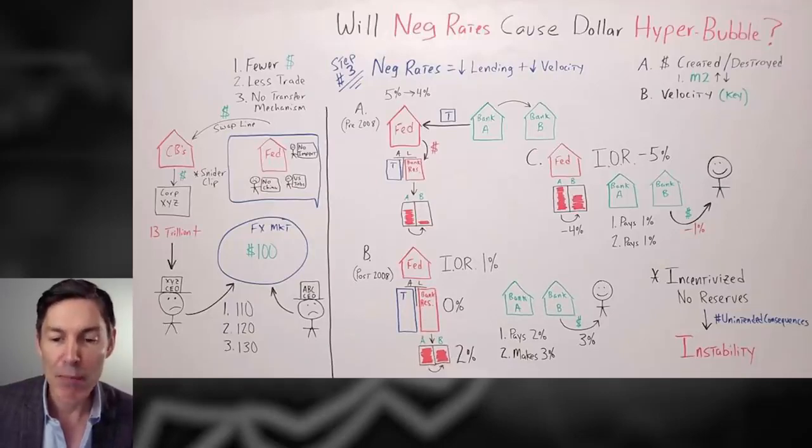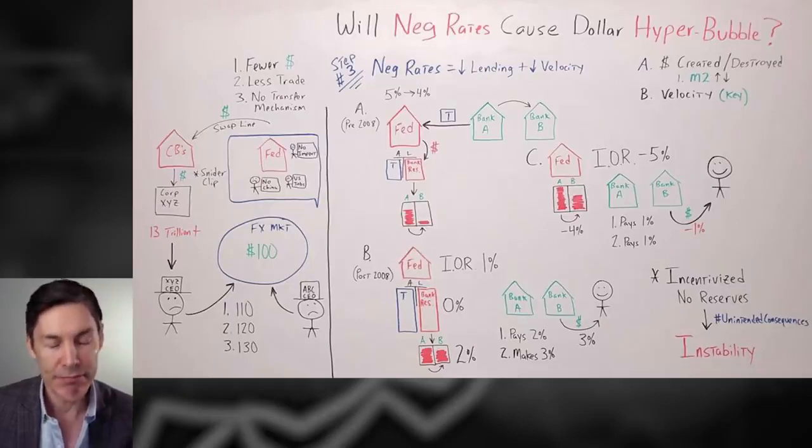Now what would happen if Bank B needed to borrow money from Bank A? Bank A would charge Bank B a higher rate of interest than 1%, because why would they lend any money at all when they could just get 1% with their money parked at the Fed, or not really their money, their bank reserves parked at the Fed.